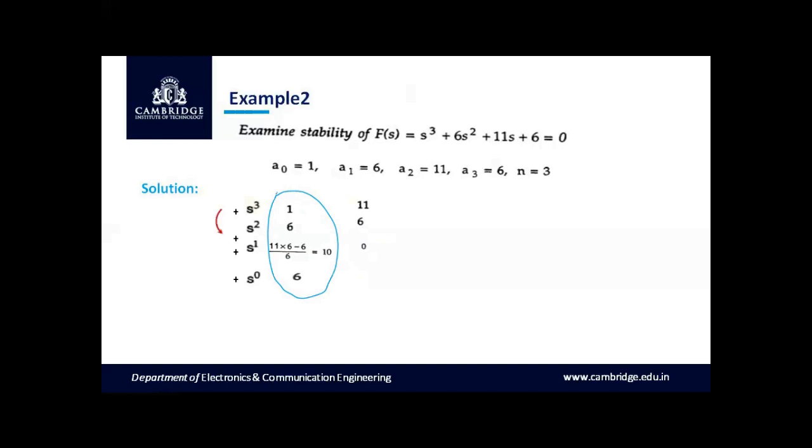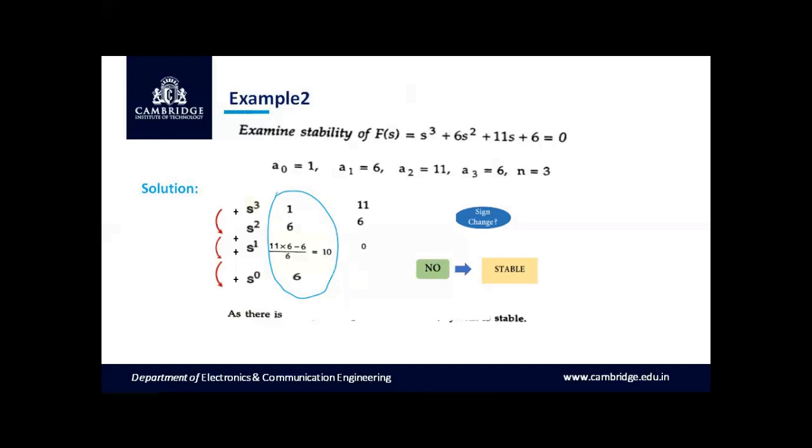So it is very clear that there are no sign changes when we proceed throughout the first column. Hence, the system is stable. In this example, it is very clear that the system is stable as we don't have any sign changes.